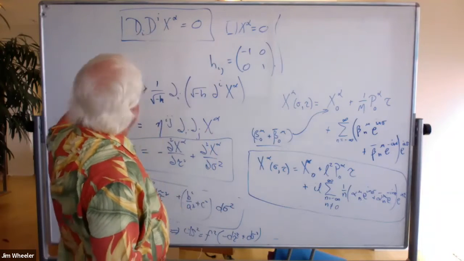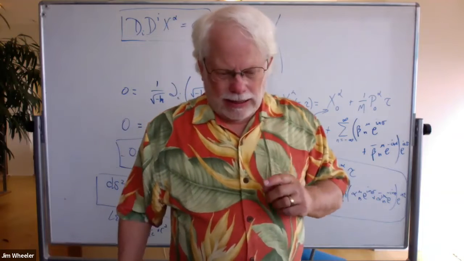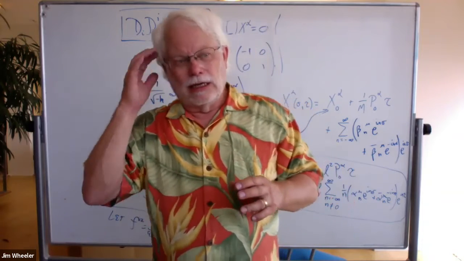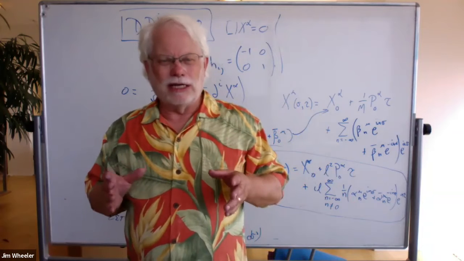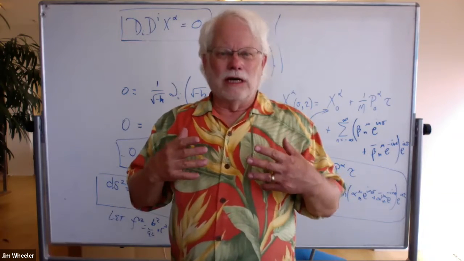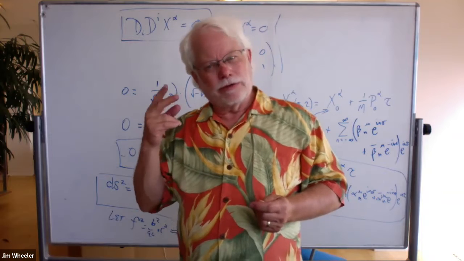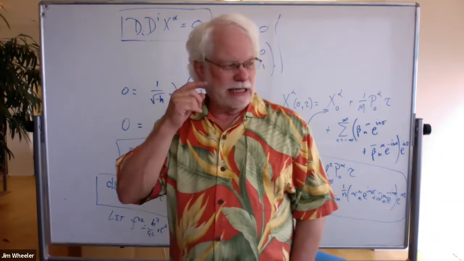Now, the energy condition: it's traceless. The energy tensor is a symmetric 2x2, so it has 3 degrees of freedom. It's trace-free, so there are 2 degrees of freedom. So we get 2 constraints from the vanishing of the energy tensor.